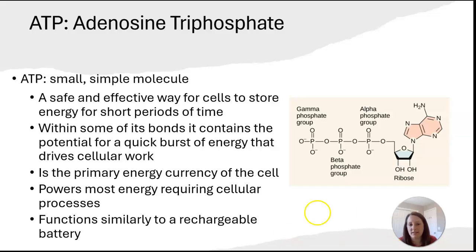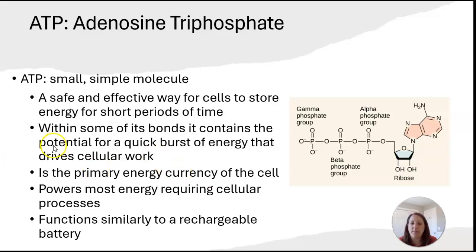We consider it to be the primary energy currency of our cells. And so again, any process that requires energy, like active transport or the buildup of larger molecules, so anabolic processes, those types of processes require energy. It's going to come in the form of ATP, usually.